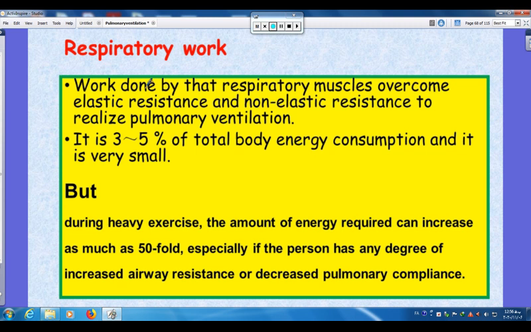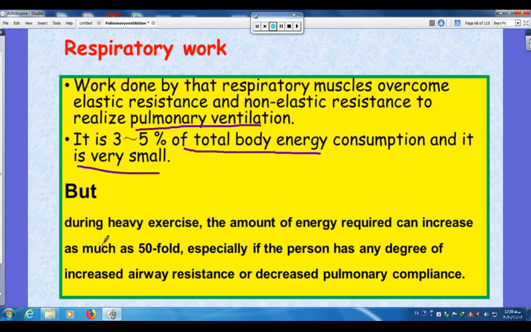Respiratory work is done by the respiratory muscles to overcome elastic resistance and non-elastic resistance to realize pulmonary ventilation. It is 3 to 5% of the total body energy consumption, and it is very small.